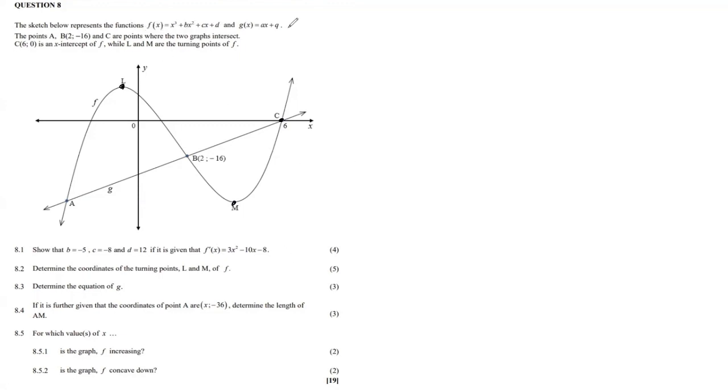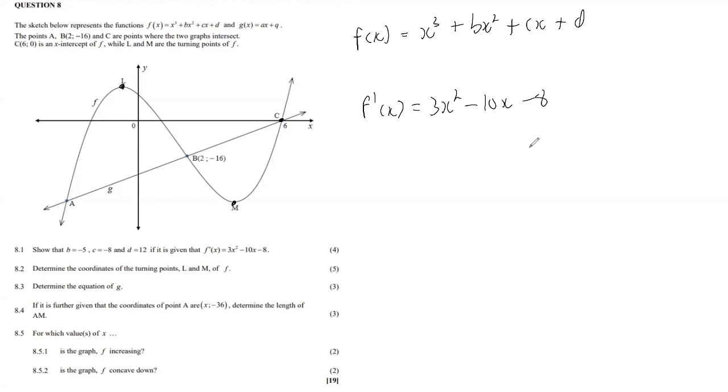Remember, you are given f of x equals x cubed plus bx squared plus cx plus d. But you are already told that the derivative f prime of x equals 3x squared minus 10x minus 8. What we can do is derive what we have up here, along with the unknowns.